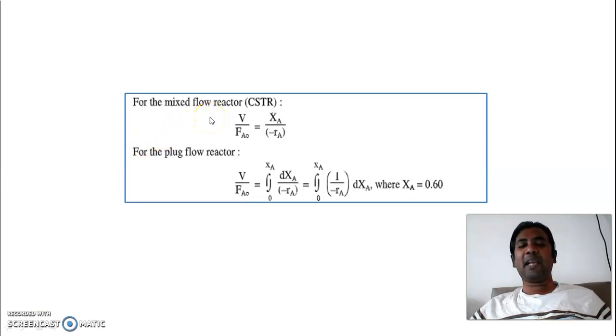For mixed flow reactor, that is CSTR, the performance equation is V upon Fa0 is equal to XA upon minus RA. For plug flow reactor, the performance equation is V upon Fa0 is the integration from 0 to XA of dXA upon minus RA, right? We want 60% conversion in both reactors and we have to find the volume.